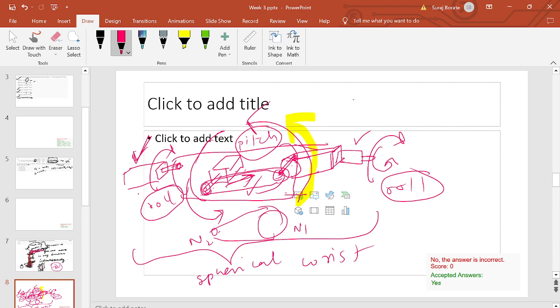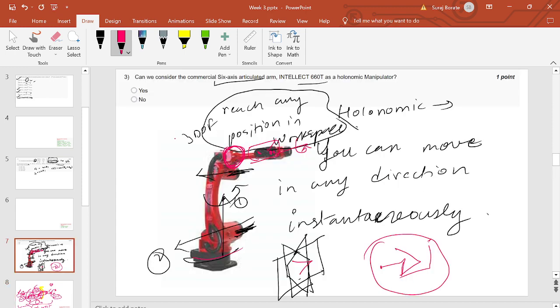Usually people assume that the wrist will be very small at the tip of the end effector, but in this particular configuration, it actually starts from here. There is a motor over here, then a motor over here, and then a motor over here. But these two axes are not always parallel. Let's say if you do the pitch, then this part will look downwards like this.